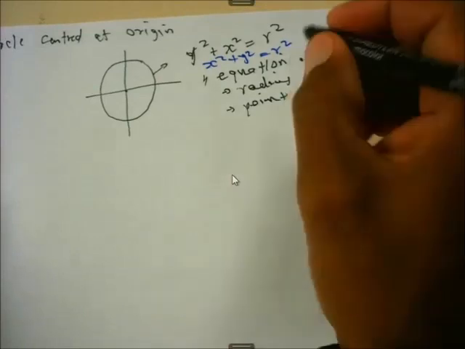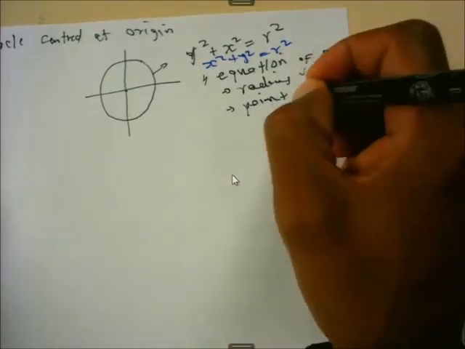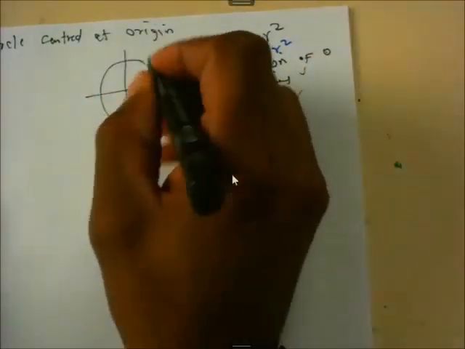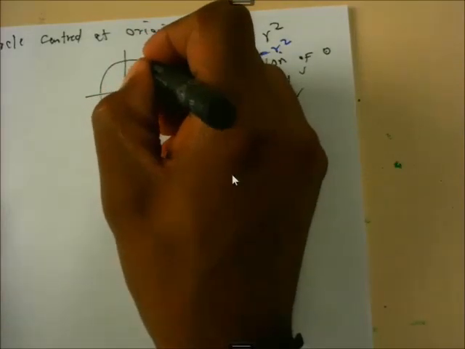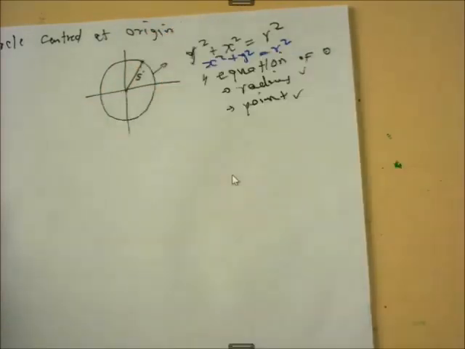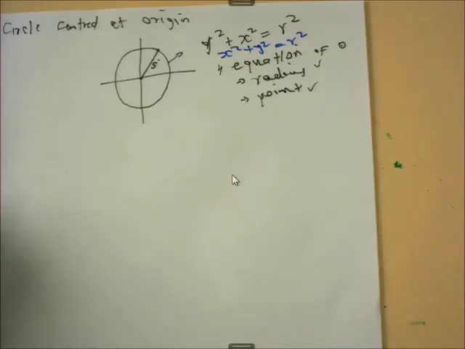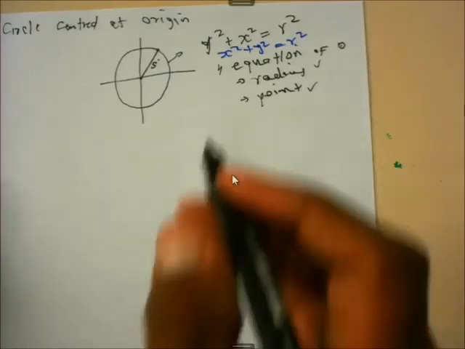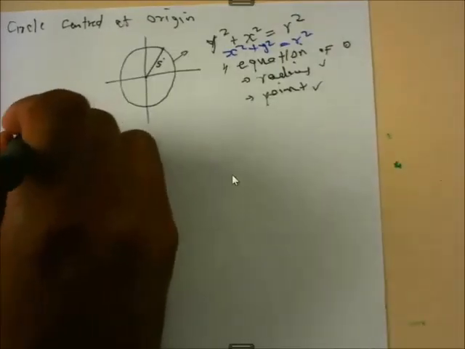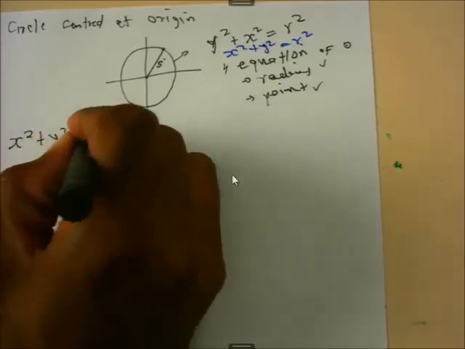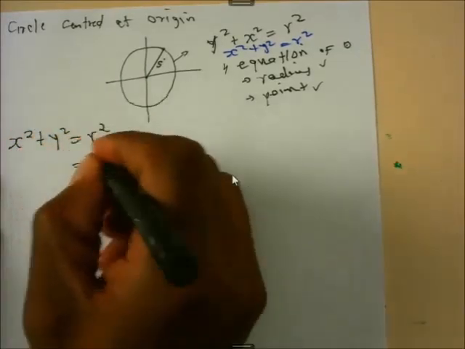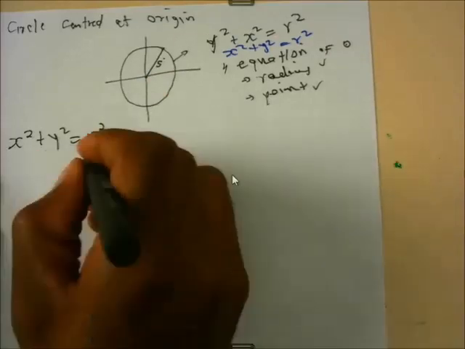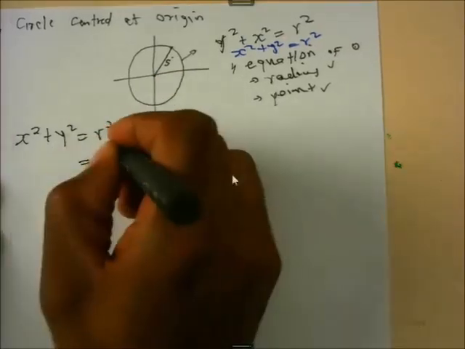Maybe just to emphasize the radius as well as the point on the circle, let me make an example. If we are given that the radius here is 5, it will be easier to determine the equation, because the only thing we need in x squared plus y squared is equals to r squared is to substitute r with 5 and then square it.